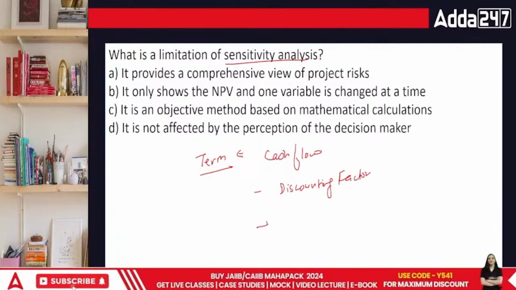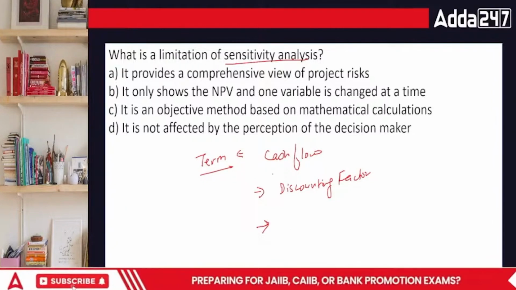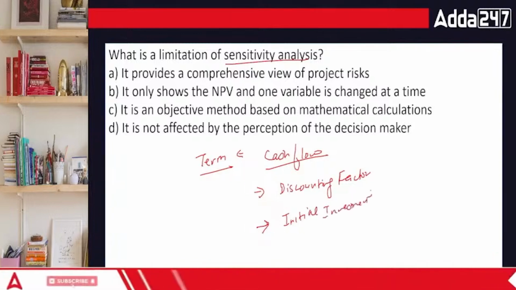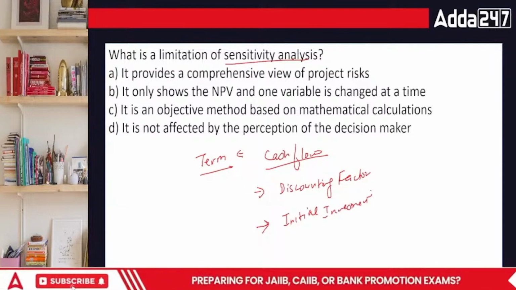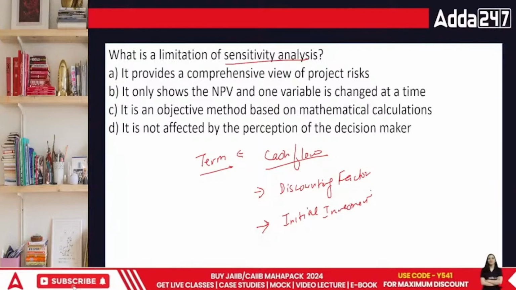Cash flows, the change in the cash flows, initial investment. If the initial investment is less, then it is good. If the initial investment is more, then it is bad, because you are spending too much and you are always waiting for more money in your future that you could get.